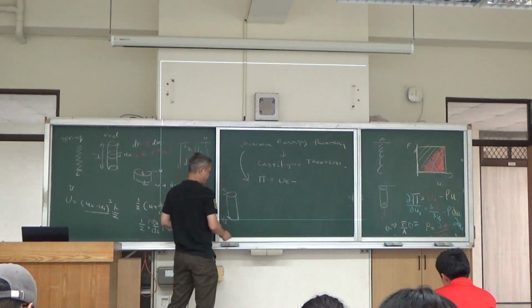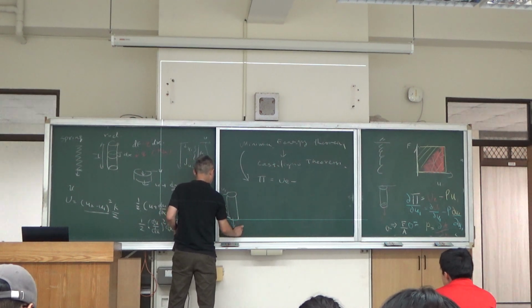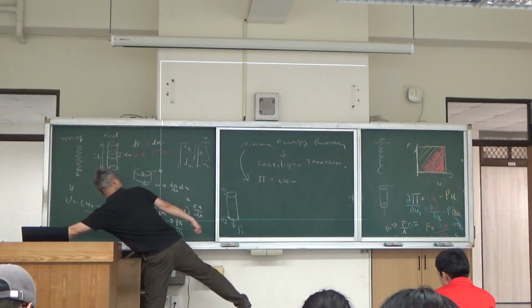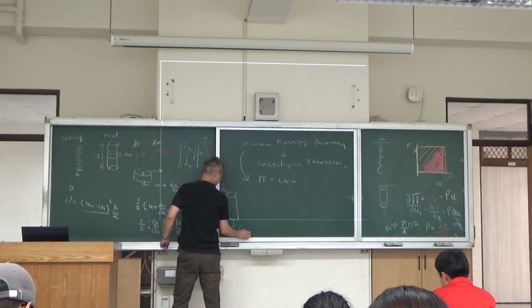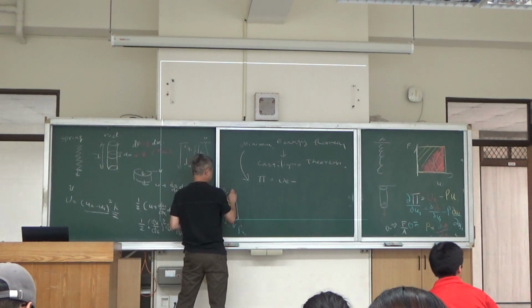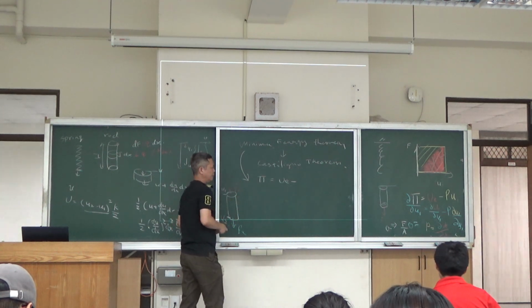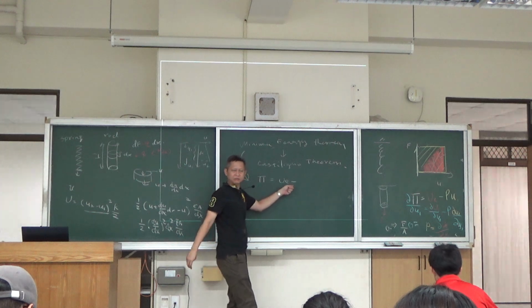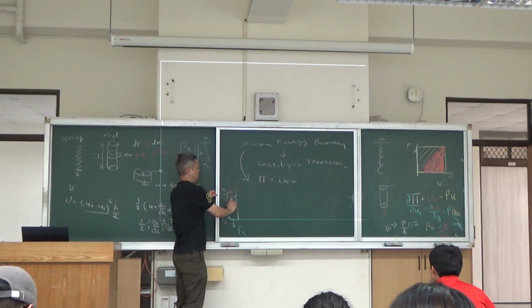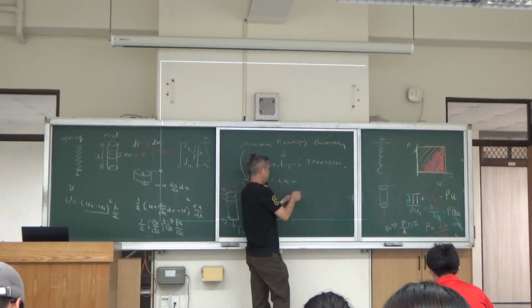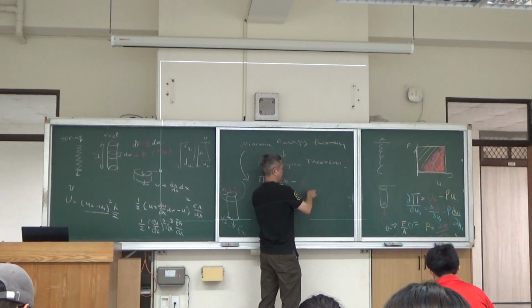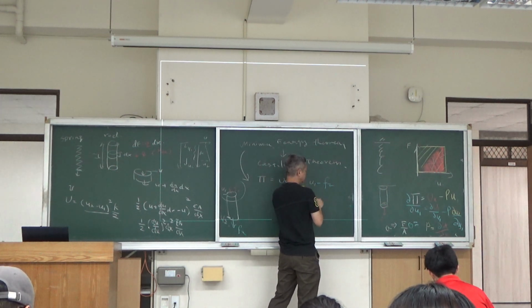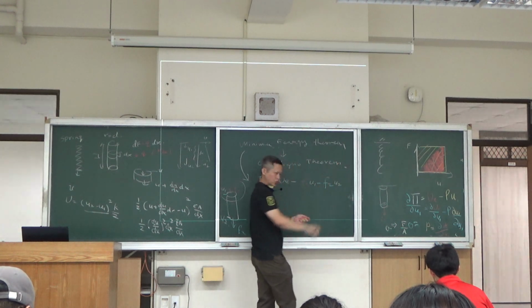And if the bottom force is F2 and the top force is F1, then you must have the work done by external force F1 times U1 plus external force F2 times U2.